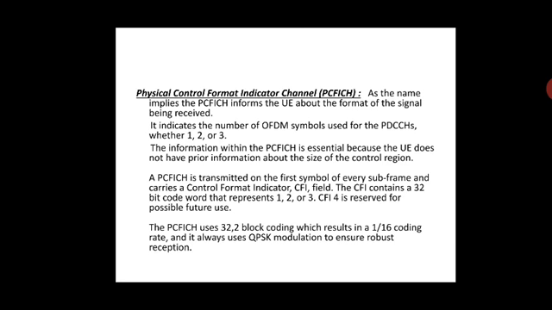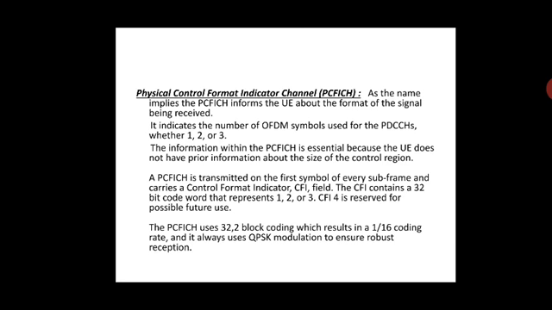It indicates the number of OFDM symbols used, that is whether 1, 2 or 3. The information within the PCFICH is essential because the UE does not have prior information about the size of the control region.